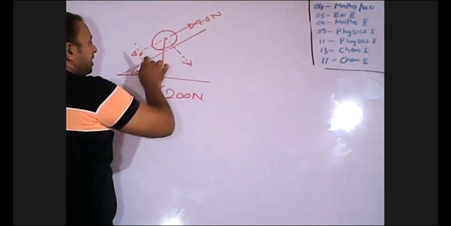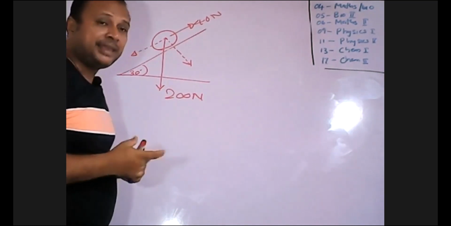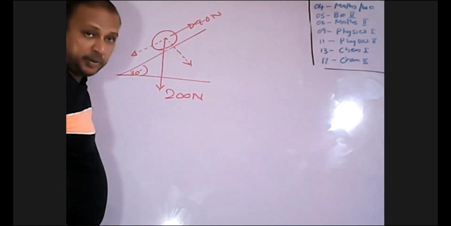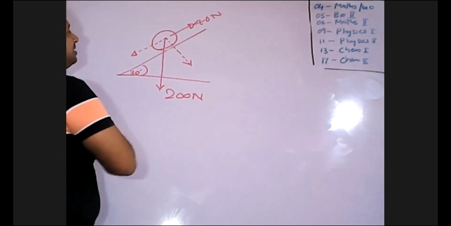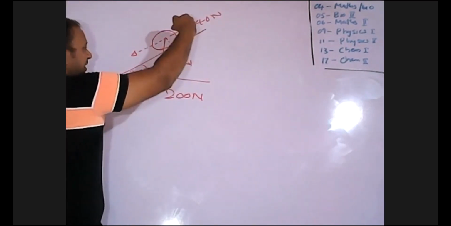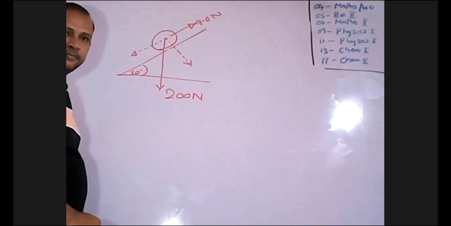So I reduce this force and this force, and I can have another force along the plane. Then if I cancel out this force, there will be only two forces, along the plane and perpendicular to the plane.